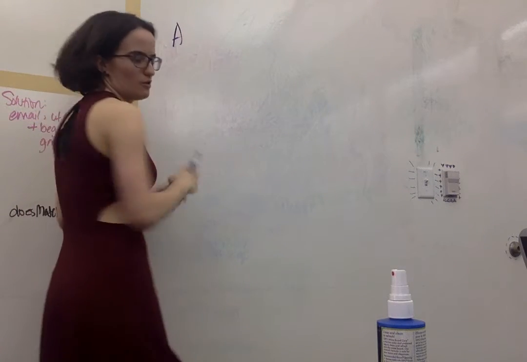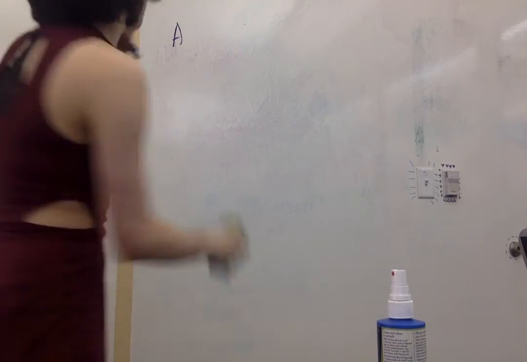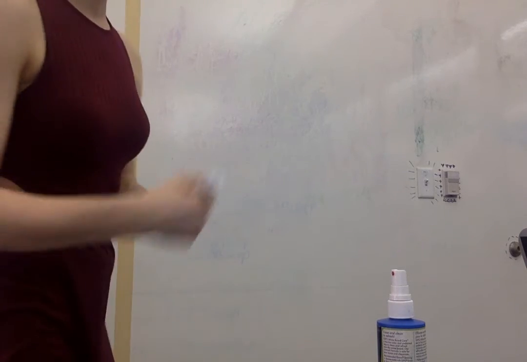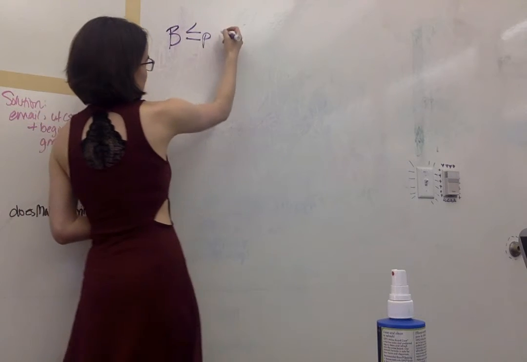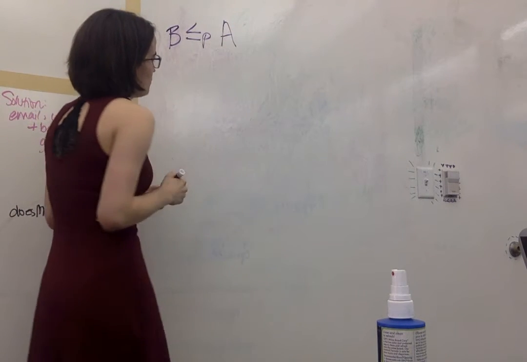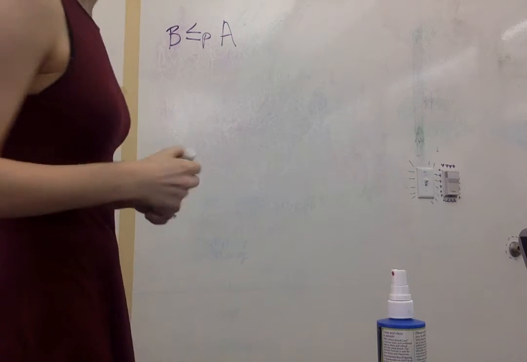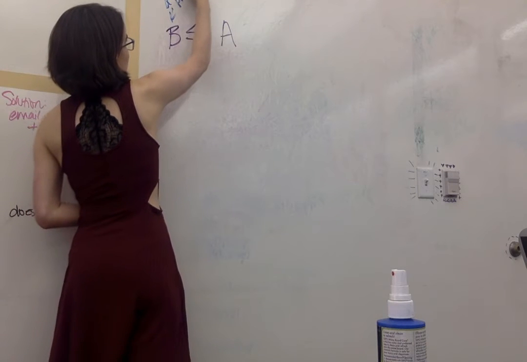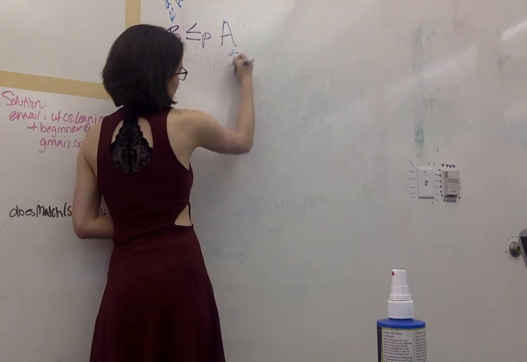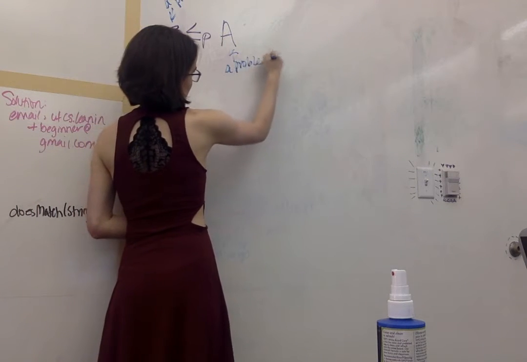Let's say that, sorry, I always forget that the symbols are backwards. So we have that B polynomial reduces to A, right? Can you go over what those mean? Yeah, this is a problem, and this is also a problem.